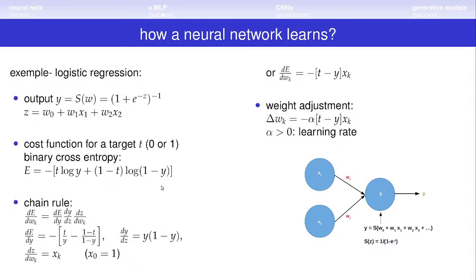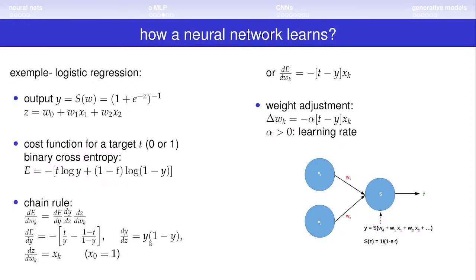Backpropagation involves the direct application of the chain rule. So the derivative of the cost function with respect to the parameters can be written as the derivative with respect to y, the derivative of y with respect to z, and the derivative of z with respect to the parameters. The first derivative, you can easily see, is given by this expression.